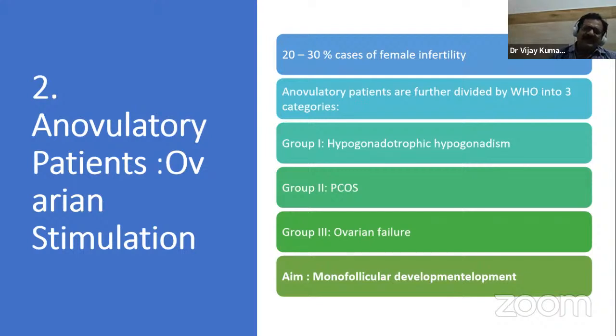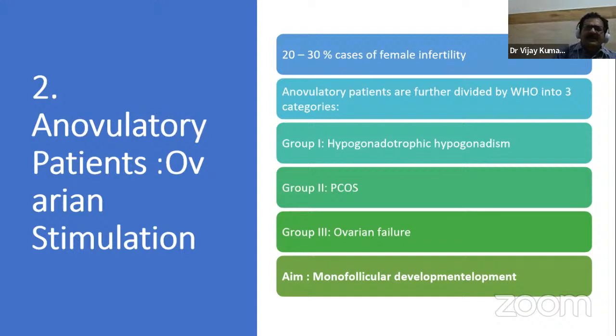The second, another difficult aspect, is the PCOS. In the PCOS, what happens? Either because of a genetic abnormality or because of an abnormality of the internal hormonal milieu, the ovarian function will not be appropriate.